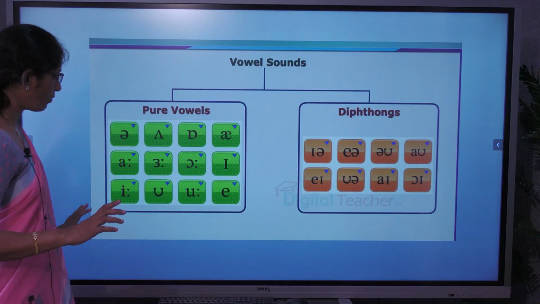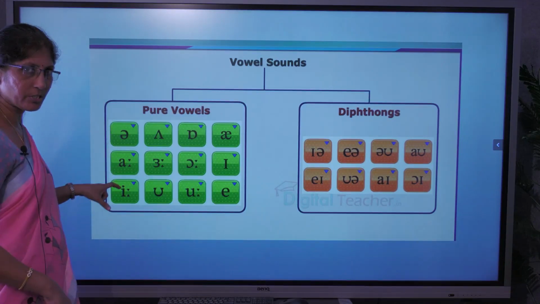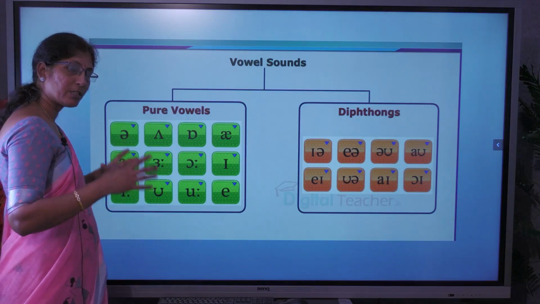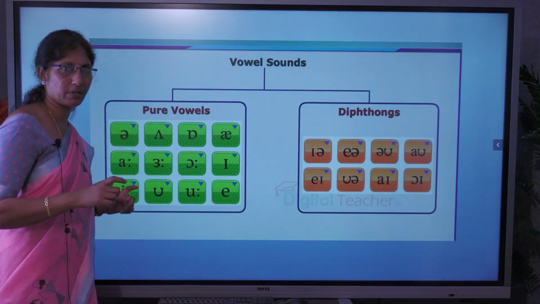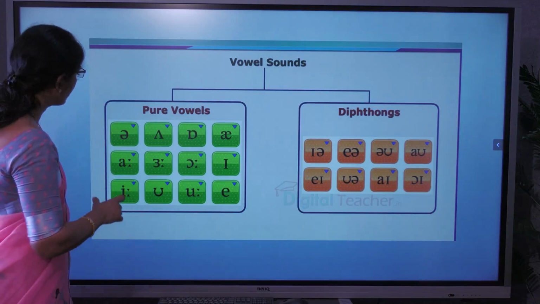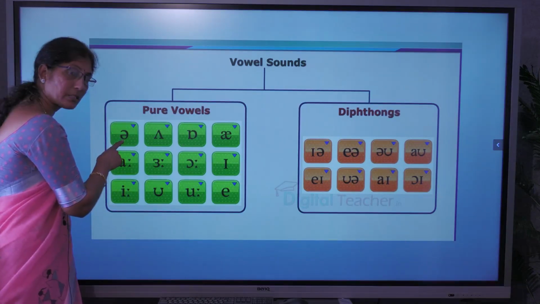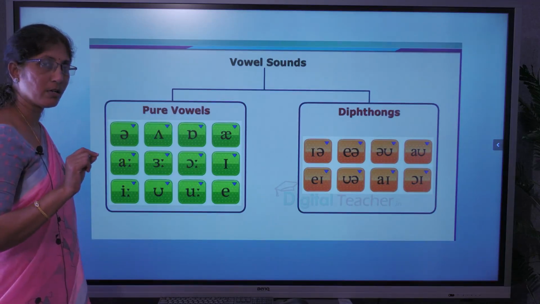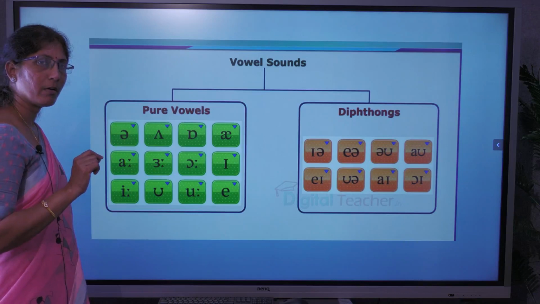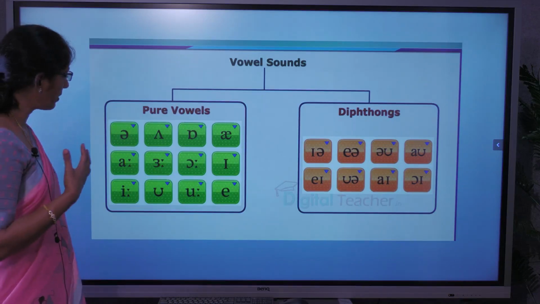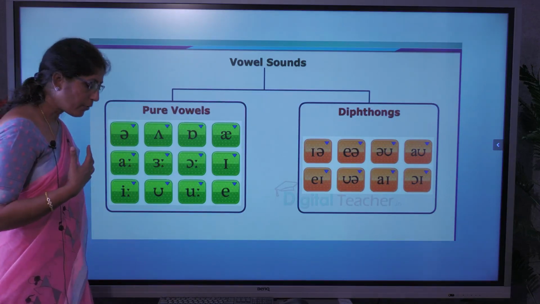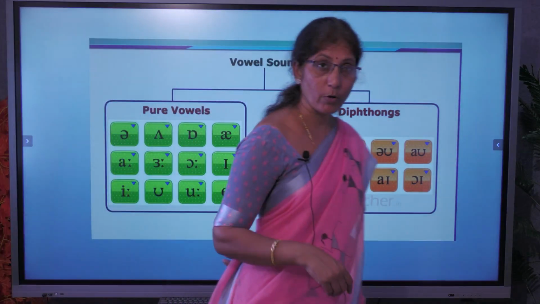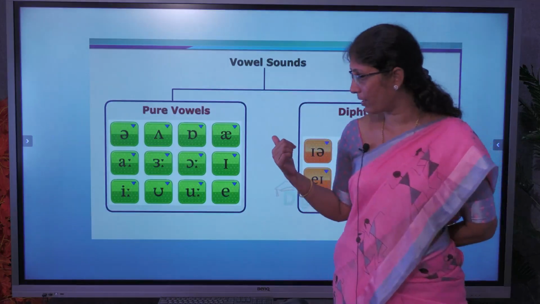Now let us see the pronunciation. Don't take my pronunciation as standard; listen to YouTube and you will get the correct pronunciation. This sound is called schwa. A very special sound that appears many times in our pronunciation. If you take the words father, brother, mother, about, ago, we don't have this sound in our mother tongue Telugu.